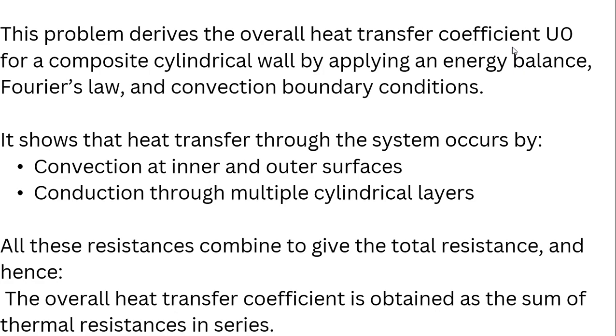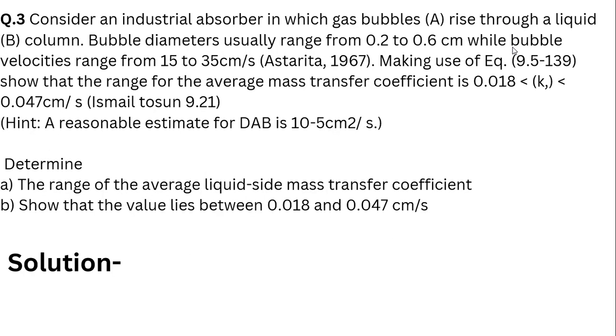It shows that heat transfer through the system occurs by convection at the inner and outer surfaces and conduction through multiple cylindrical layers. All these resistances combine to give the total resistance. The overall heat transfer coefficient is obtained as the sum of the thermal resistances in series. So let's speak about the third problem, mass transfer in an industrial absorber.